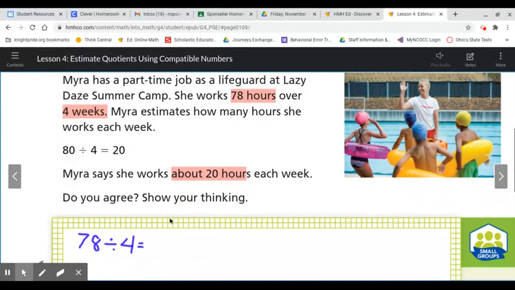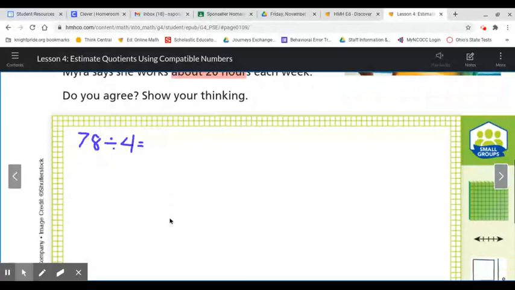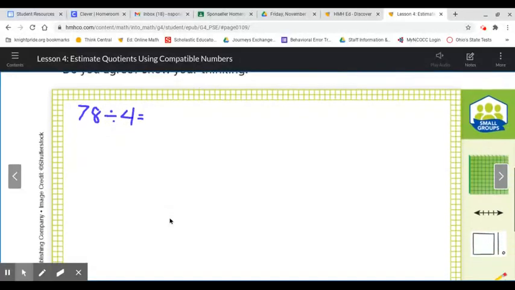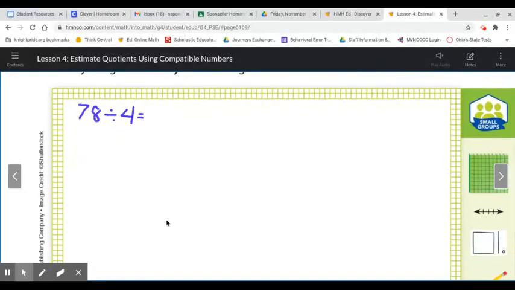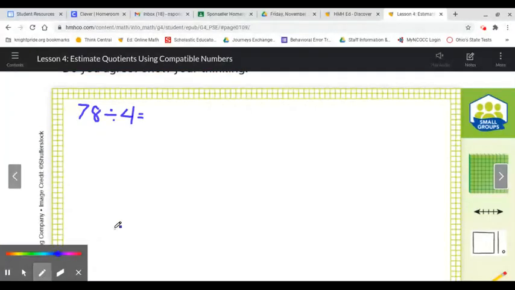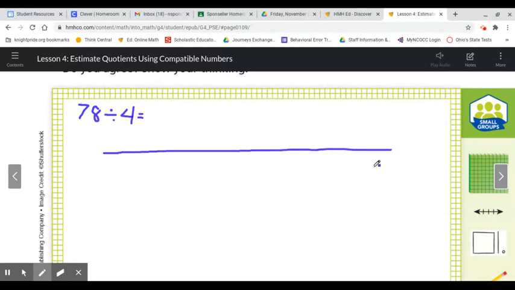So what we need to do is look at our division problem of 78 divided by 4 and think through how we could find an estimate to the answer for this problem. Okay, we do know that we could round the number. That's one thing to do. So to get us started thinking about rounding, I'm going to make us a number line.